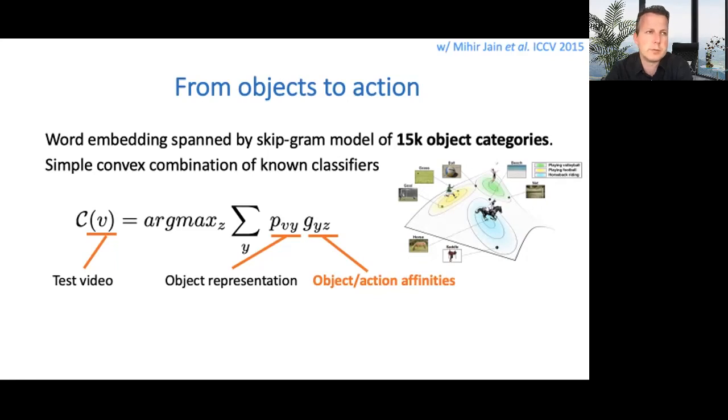To give you an example, if the horse classifier fires in this unseen video, that tells you that the likely actions here are, for example, horse riding. We find these affinities using a Google News corpus and a Word2Vec embedding.